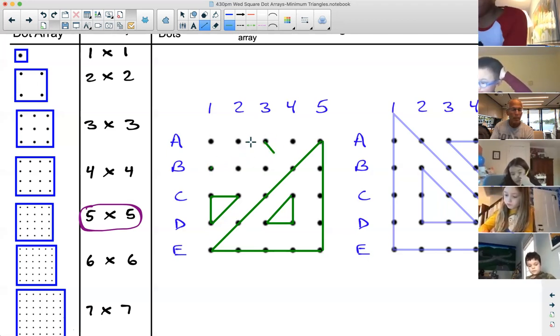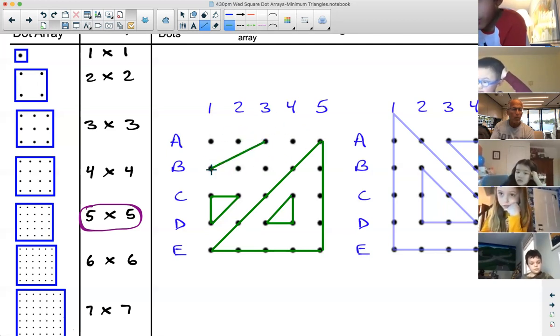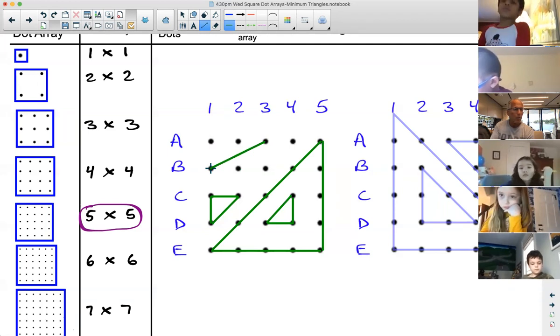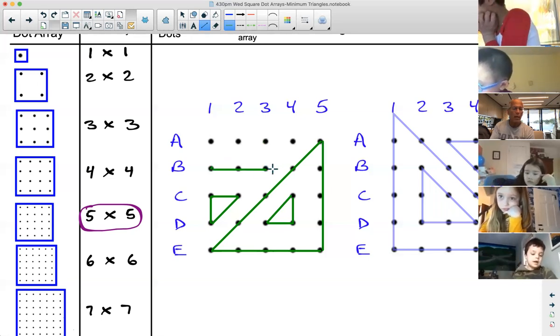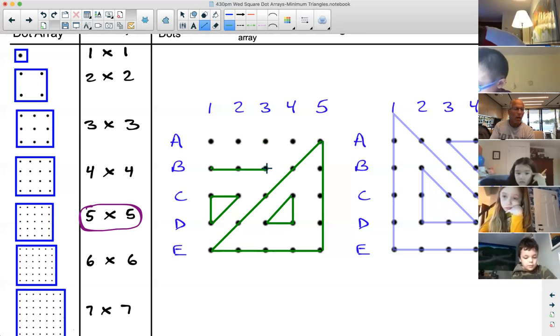Mm-hmm. So you go B1, B3, and then, but you start on B1, and then you go to B3. I just did that. But that's A3. I think what she's trying to say is you delete the A3. So B1, yes, you go B1 to B3. Got it. And then go up in a diagonal line to C2, but I don't know if you can go up.